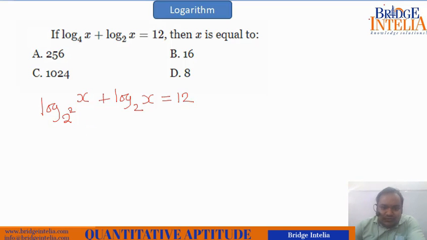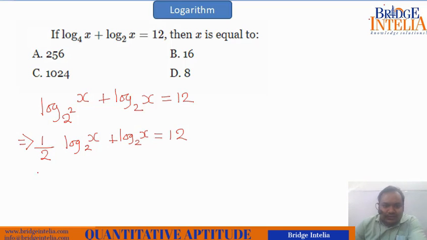Now this 2 square, if you take this exponent out, it comes in the reciprocal format. So it means that half into log x to the base 2 plus log x to the base 2 is given to us as equal to 12. So let's see what we can do with this. If you take log x to the base 2 as common, this comes out to be 1.5.